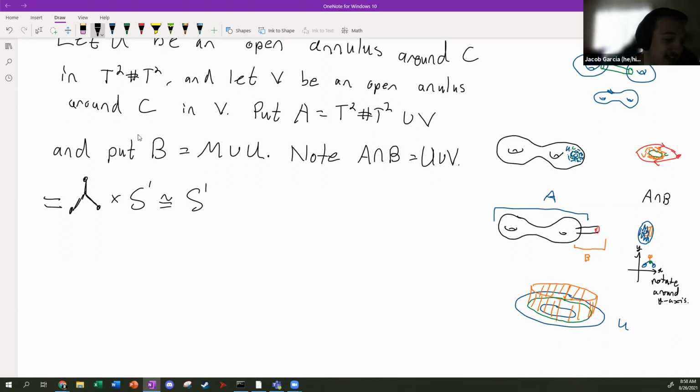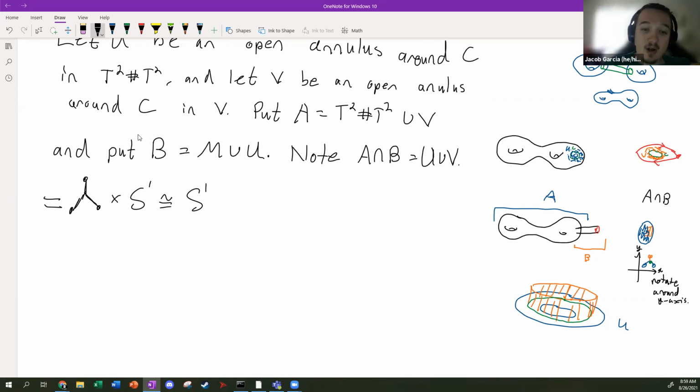The reason that I'm making these identifications is because I want to use Mayer-Vietoris to compute the homology groups of this space. In order to use Mayer-Vietoris, I need to find a capital A and a capital B so that the union of the interiors of A and B is the entire space, and so that I know what the homologies of A and B and the intersection are.